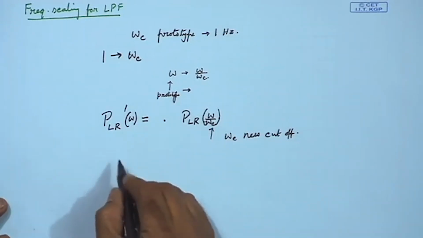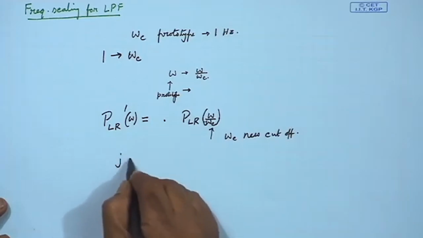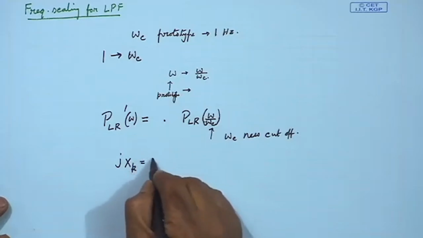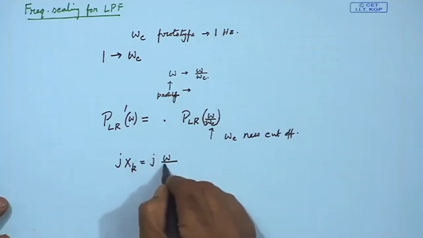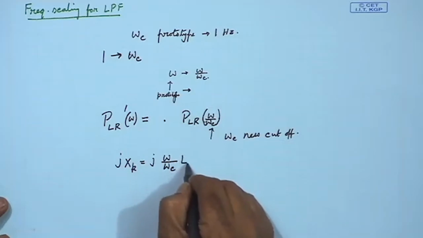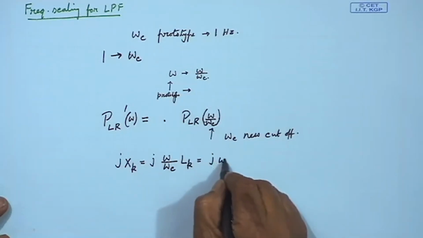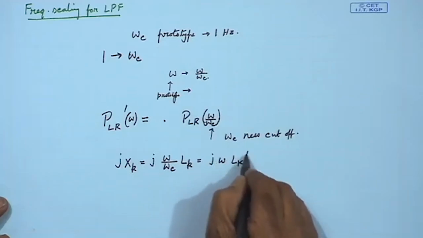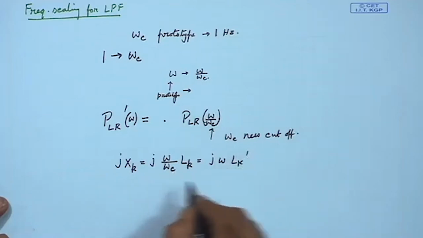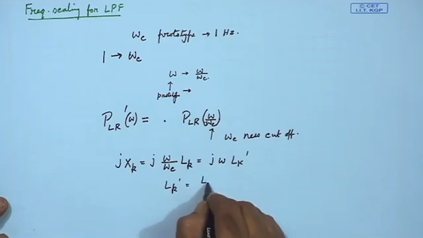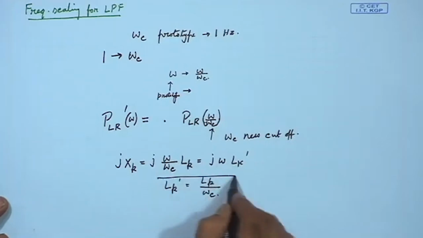Let us say the reactive impedance jXk will now be j omega by omega c times the original Lk. In the new nomenclature we will say j omega Lk dashed after transformation. So, the new value of Lk dashed is nothing but Lk by omega c.